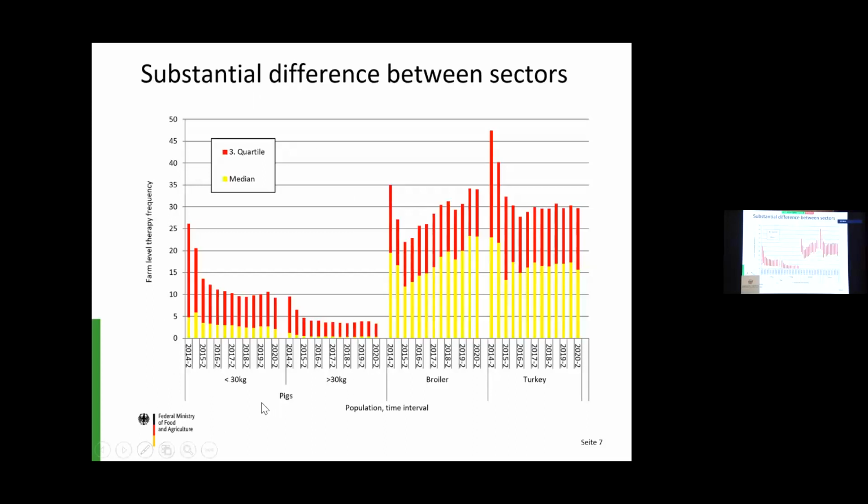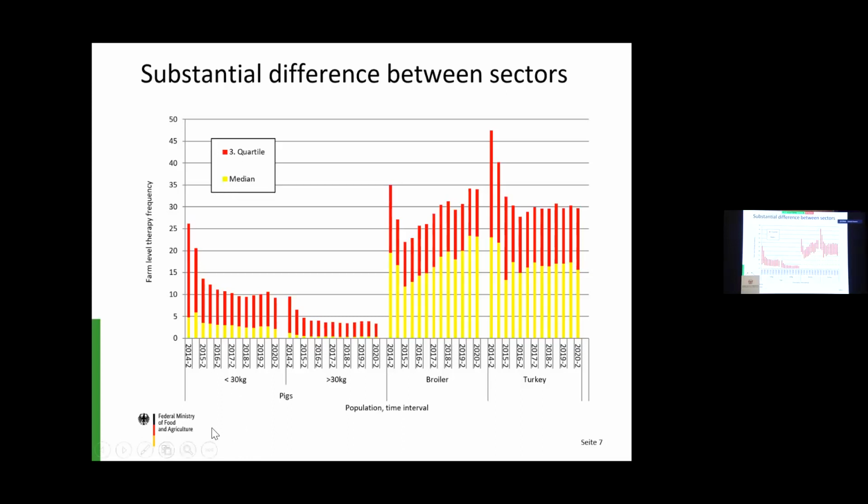And here you will see a graph which shows you the farm level therapeutic frequency. So this slide shows you the frequency of antimicrobial use in farms over a certain time.